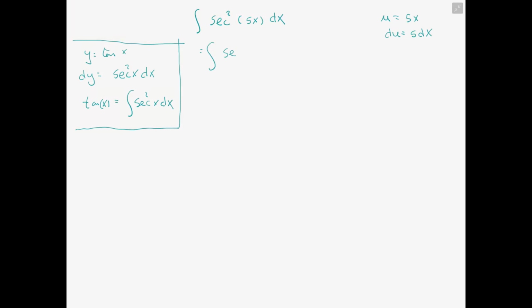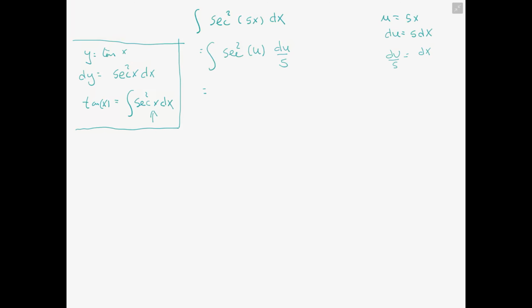And we have the integral of secant squared u, and dx is equal to du on 5. So we got du on 5.